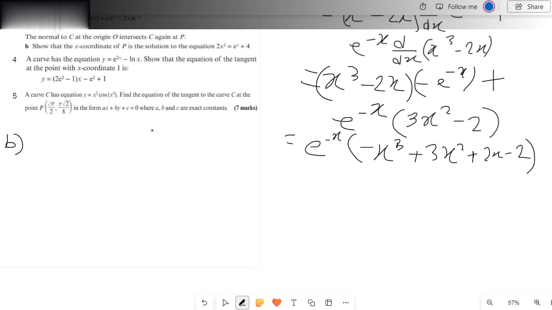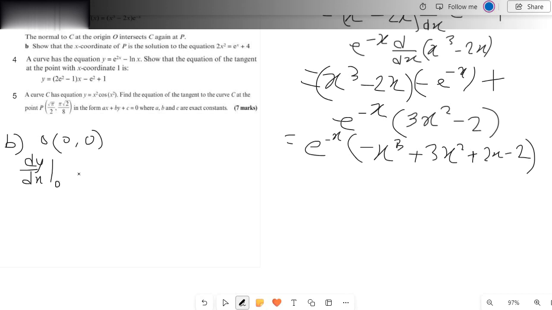So for number B, they said that the normal to C at the origin O intersects C again at P. So we have to find out the equation of the normal at the origin, which is O at 0, 0. First we have to find out the value of dy by dx at x equals 0.